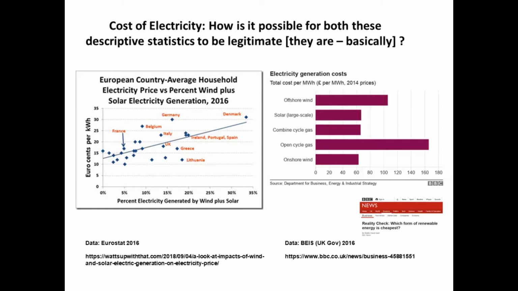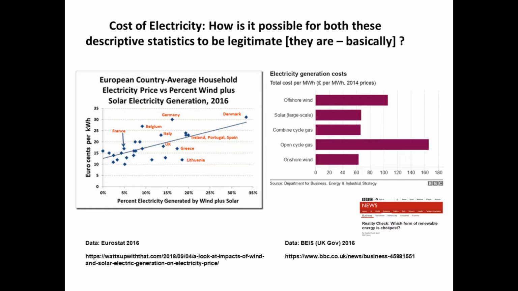Both of them contain a descriptive statistic. On the right-hand side, we have a graph from the BBC in an article entitled "Which Form of Renewable Energy is Cheapest?" And in this graph, we have the total cost, it's called in this article.